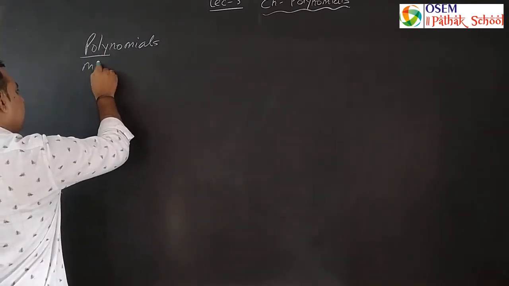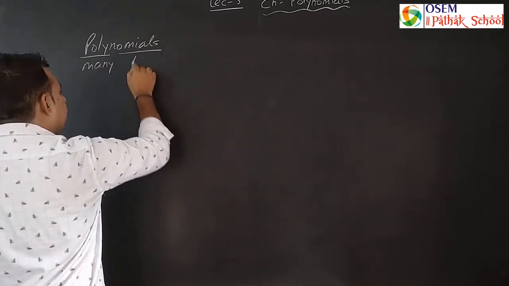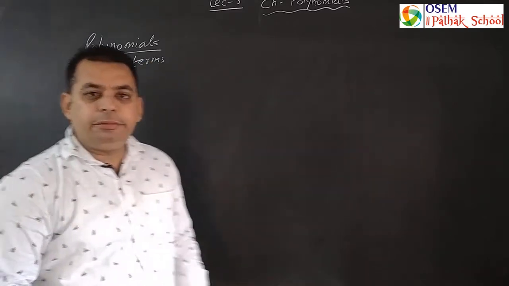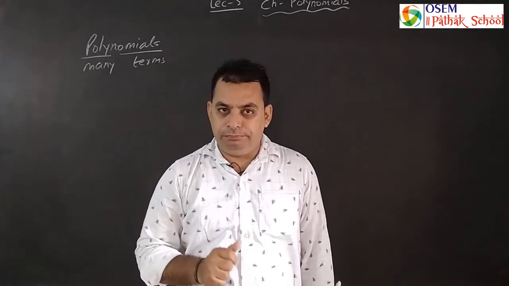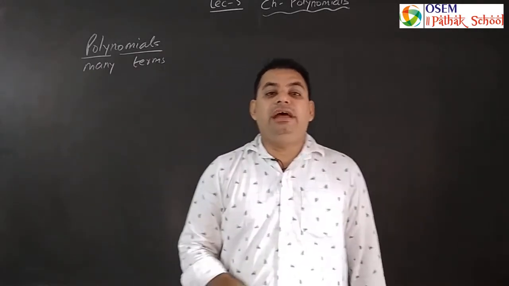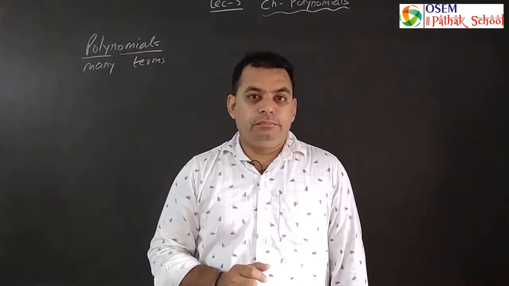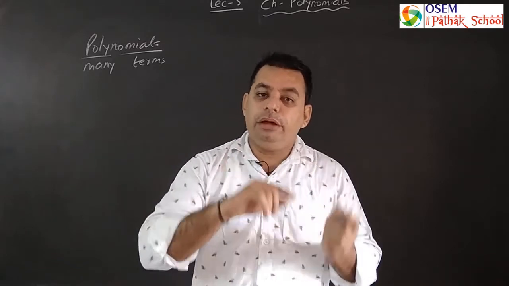Poly means many, and nomial means term. So polynomial is a chain of terms. We can define a polynomial as a chain of terms. Now what is a term? After adding many terms, it becomes a polynomial.